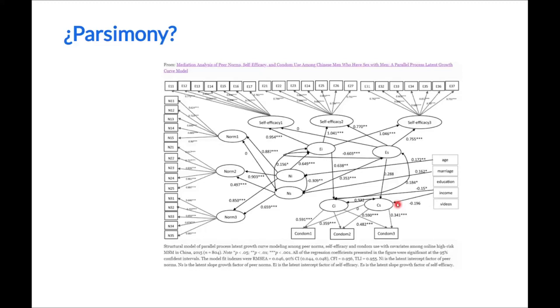This is a growth modeling between different variables at 3 times, related to each other, using a latent variables approach. It's just to say that we have to keep parsimony in mind all the time in order to explain, because for me it's very difficult to diagram a picture like this and then explain what the main important point about it is.